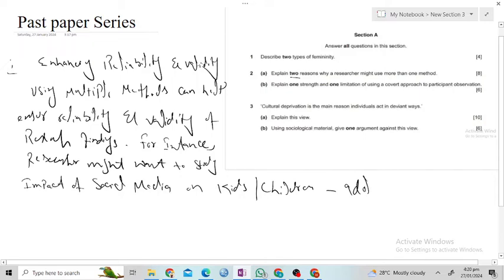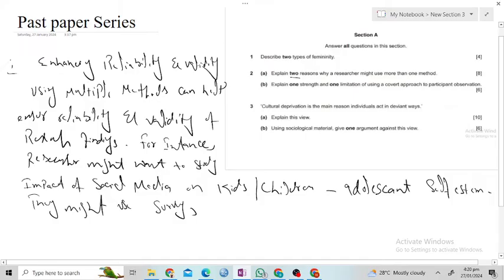So adolescents, self-esteem, they might use surveys to collect quantitative data.